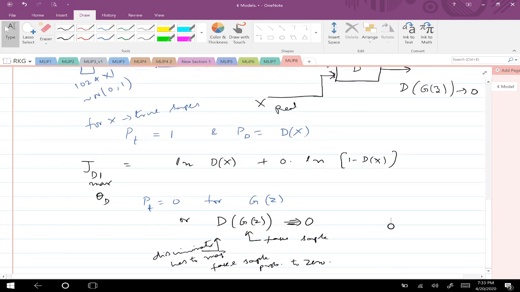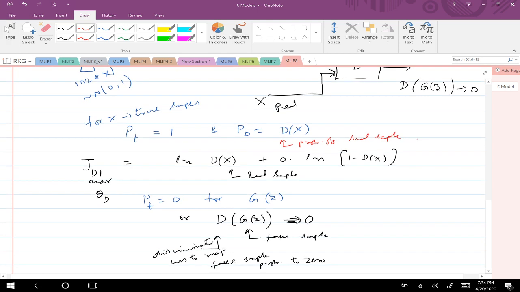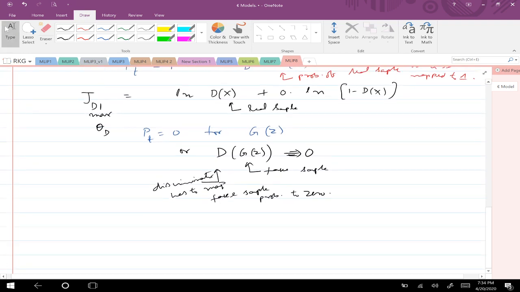One objective is for the real sample: the discriminator gives the probability, please note, and it has to be mapped to 1. This is one objective and the other is for the fake sample.